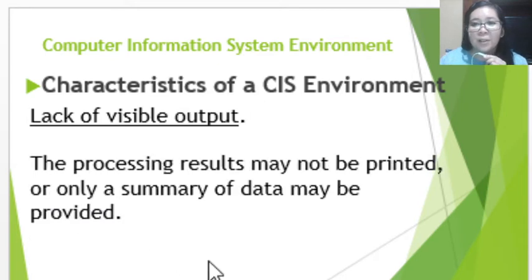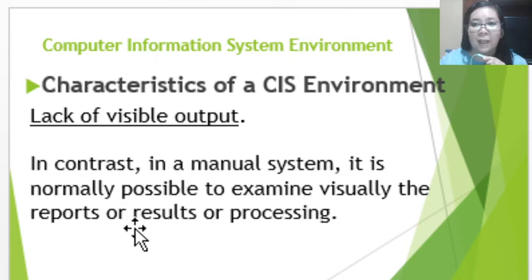Okay, so the processing results may not be printed, or only a summary of data may be provided. So that's how it is under the CIS environment, because of lesser paper and processing in a lesser period of time. Okay, so in contrast, in the case of the manual system, it is normally possible to examine visually the reports.